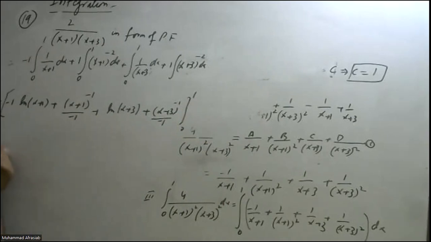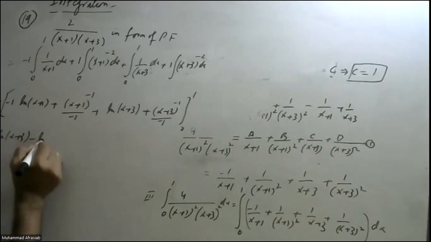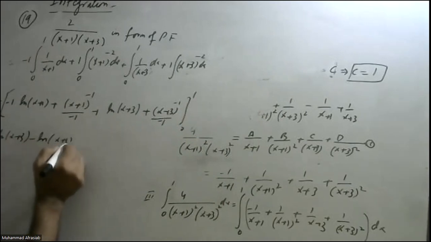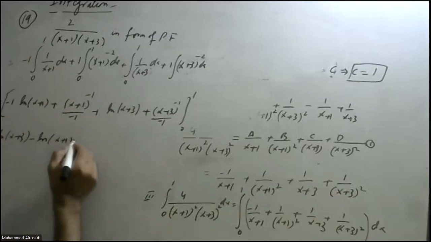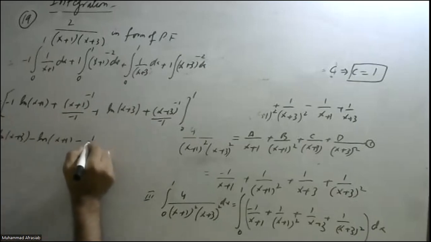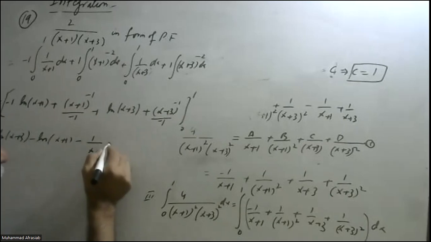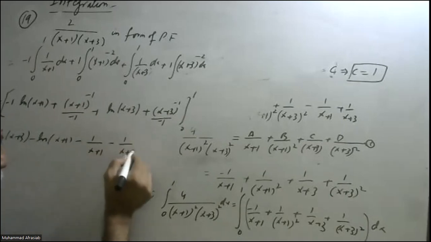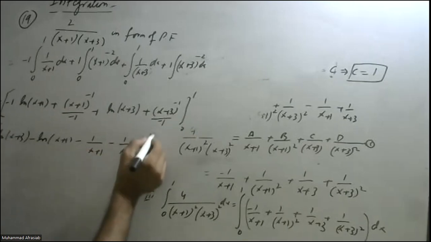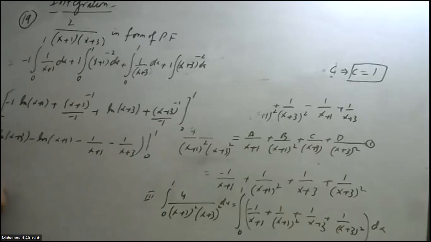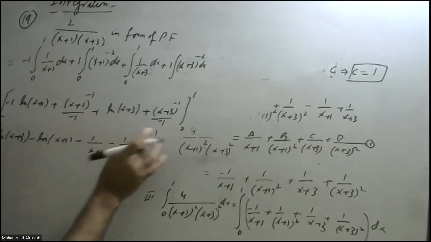This will become ln of x plus 3 minus ln of x plus 1, because this is positive, this is negative, so we write it one time, minus 1 over x plus 1 minus 1 over x plus 3, and the limits are 0 to 1. For this, we put first 1 in this equation.